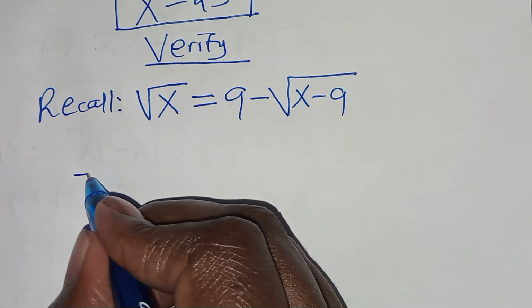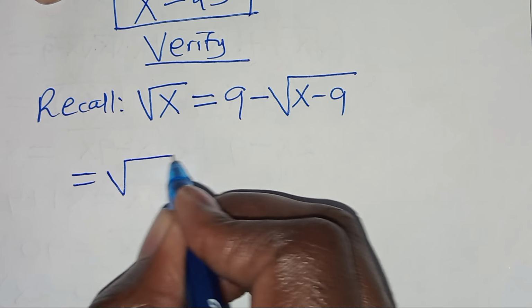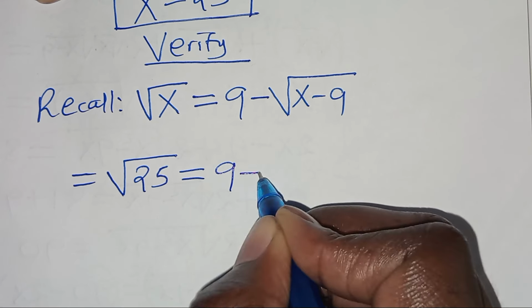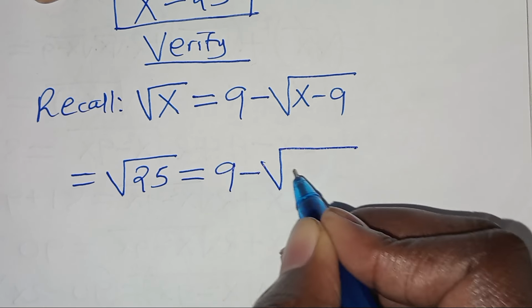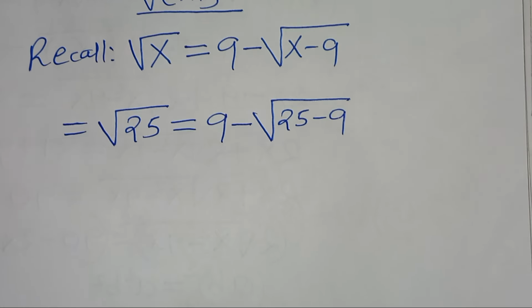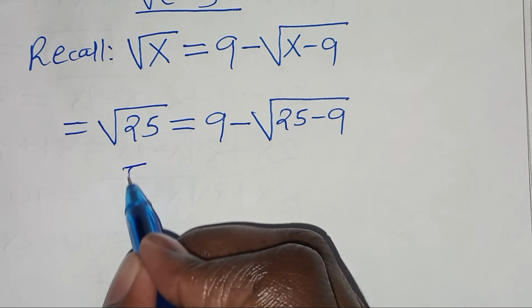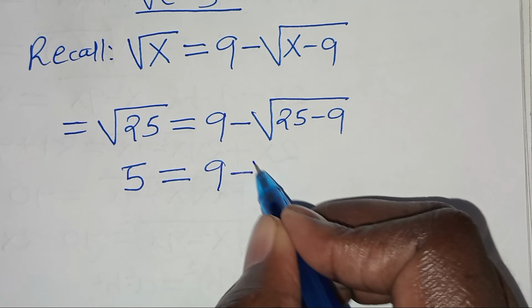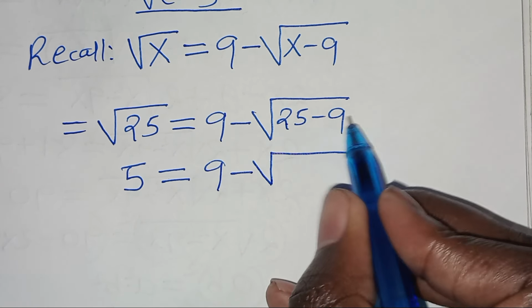So here we have the square root of 25 equal to 9 minus square root of 25 minus 9.